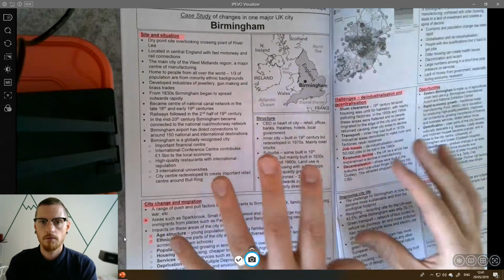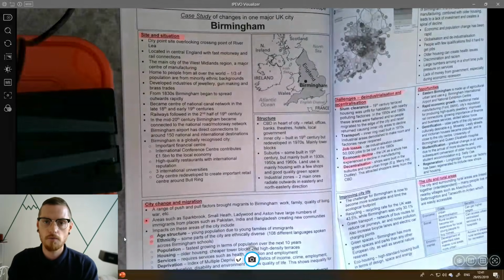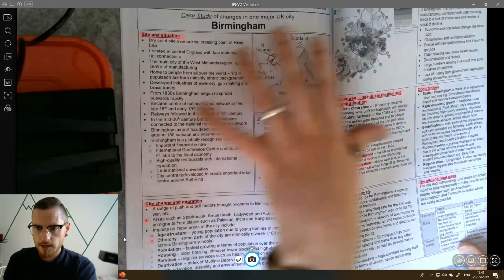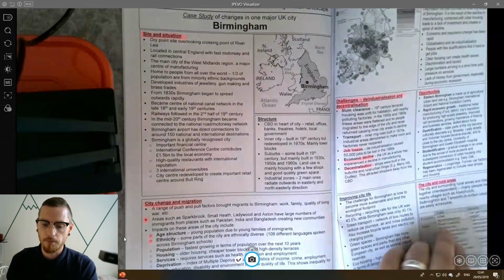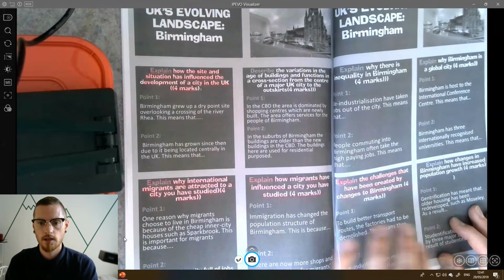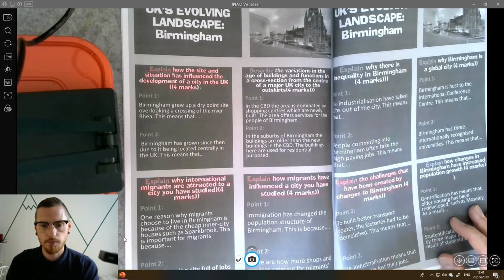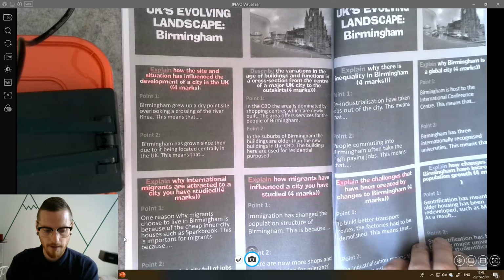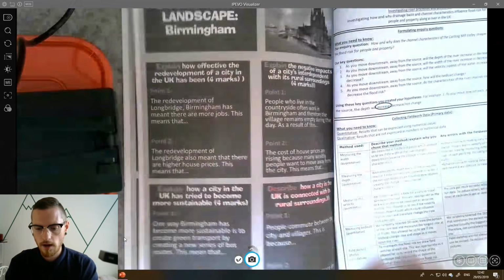And then again, for this exam, most important one is those 2 4 markers on Birmingham towards the end of section B, which means that you must revise all of this. And for my geographers, again, we broke down all these potential 4 markers. If you're not from our school, this can be purchased in the YouTube video information.